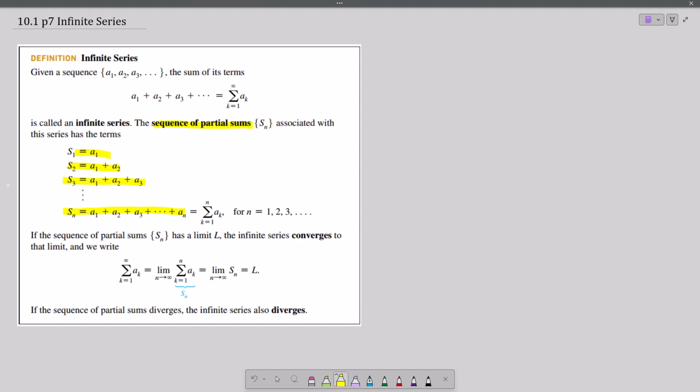Whether you count them 1, 2, 3, 4, 5, or 0, 1, 2, 3, 4, it's 5 terms. So we want to keep in mind that the initial index value doesn't matter. If we had an initial index value of 2, we would count them as 2, 3, 4, 5, 6. S sub 5 means 5 terms, regardless of where the n starts.